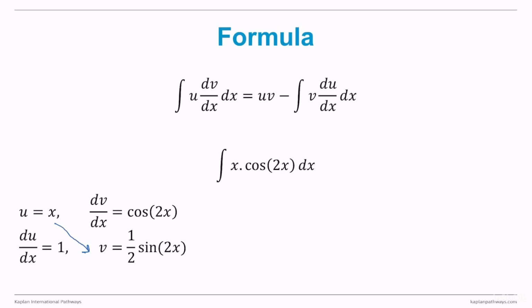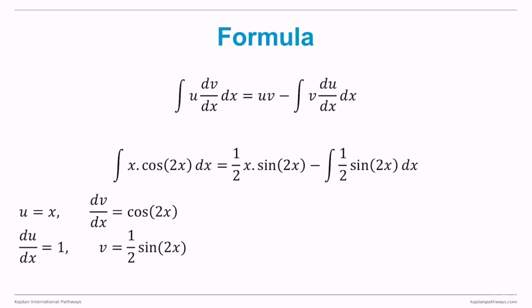So u times v minus the integration of v du. So that's uv here. What's the u? It's x, and the v is sine 2x over 2. So this is uv minus integration of the v here, which is half sine 2x, and du is 1.